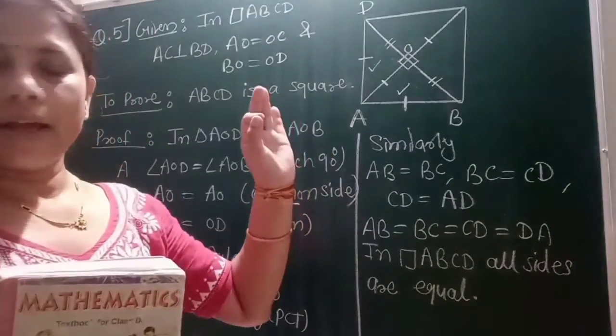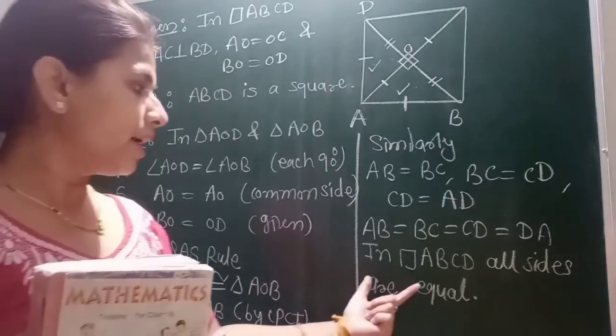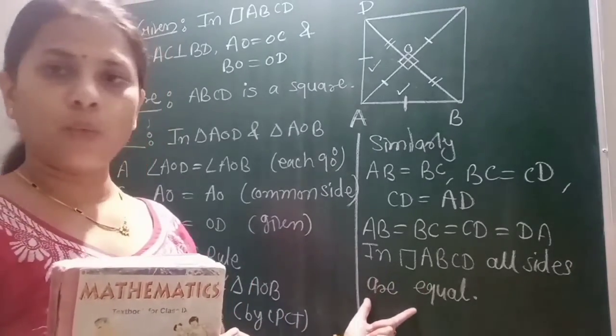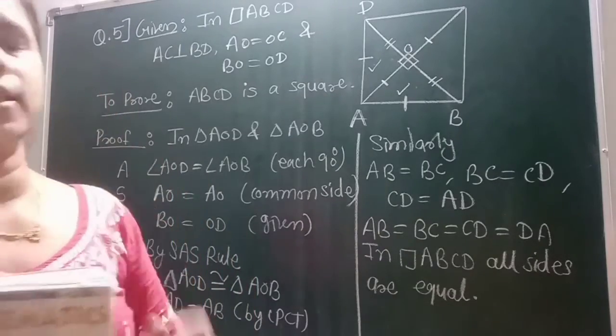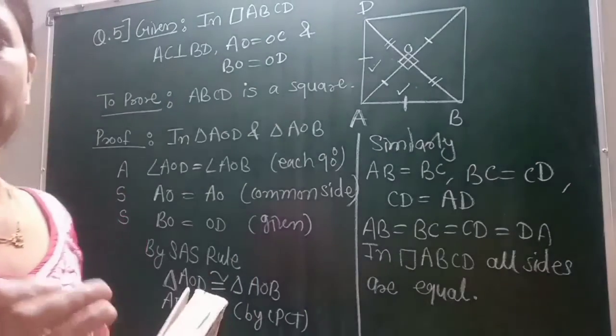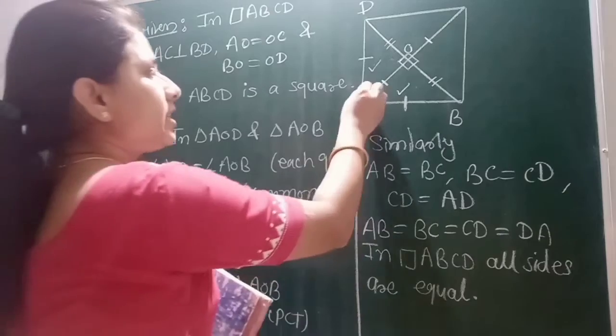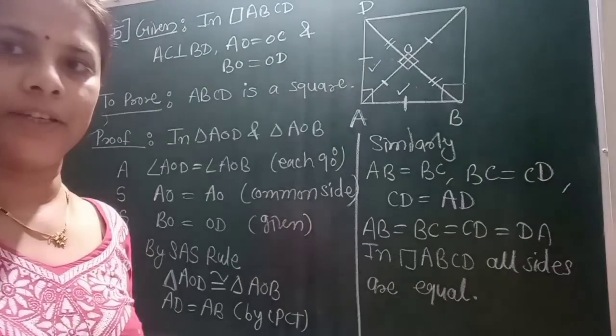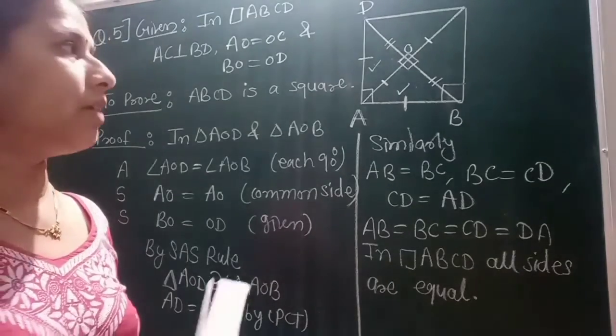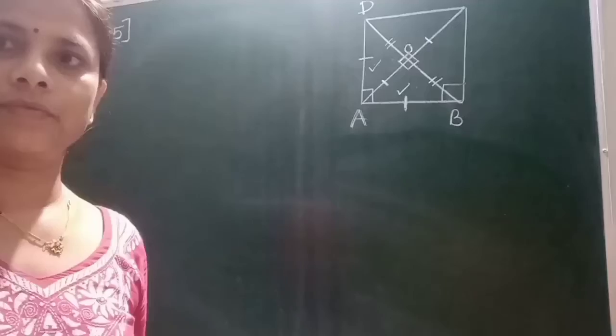For having a quadrilateral square, we just proved one specific condition, all sides are equal. Then one more necessary condition we have to prove, that is each angle is equal to 90 degrees. So now we will prove each angle equals 90 degrees.